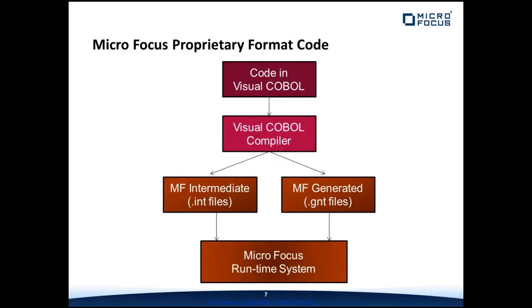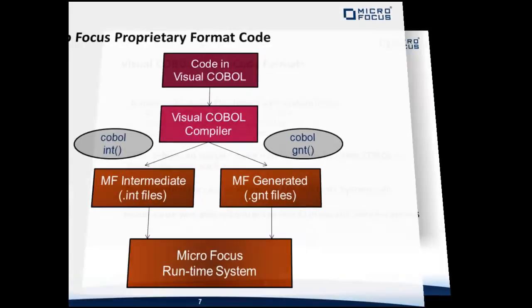The usage of int and gnt code can be seen in this diagram. Depending on the compiler directive used, either int or gnt, you can generate the appropriate format. Either format needs to be run under the Micro Focus runtime system in order to be executed. Both Visual Studio and Eclipse IDEs have support for generating both int and gnt projects.